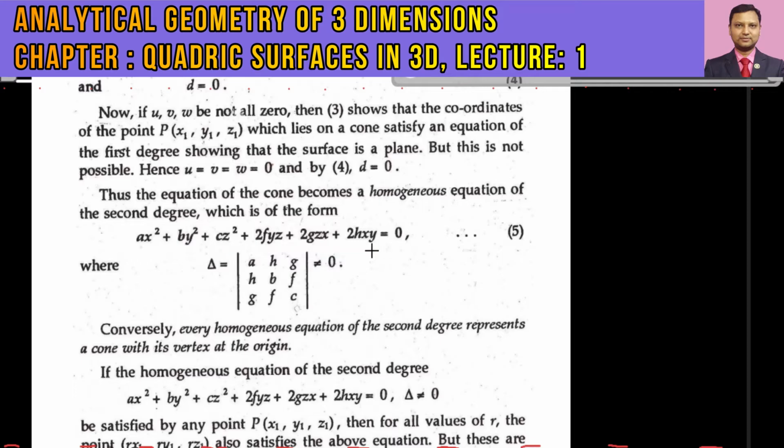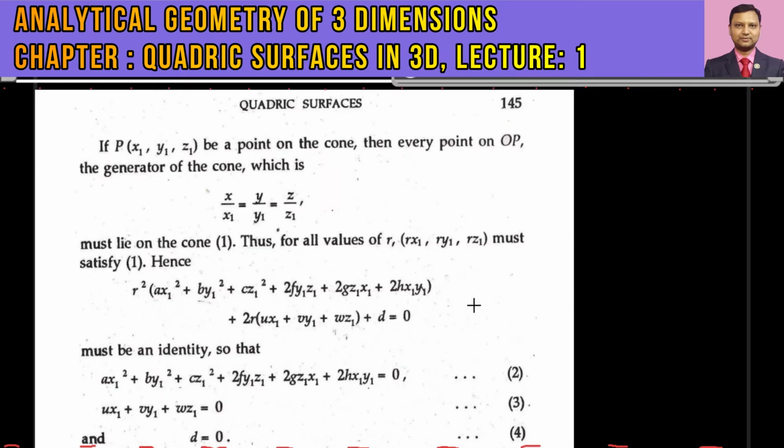But this kind of equation may represent a pair of planes provided this determinant delta becomes equal to 0. But it represents a cone, so it should not represent a pair of planes. That's why we have taken this condition that delta is not equal to 0.